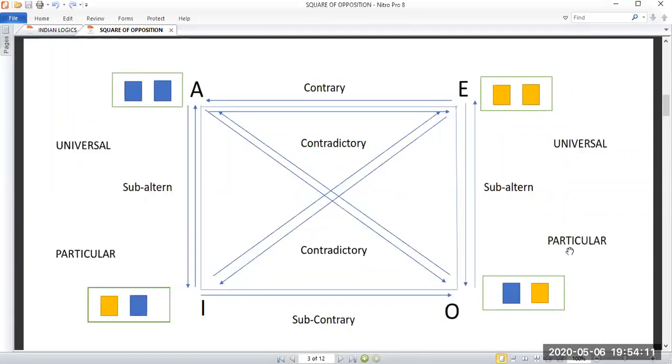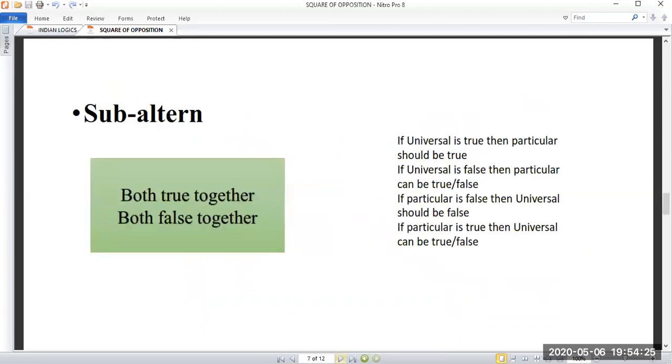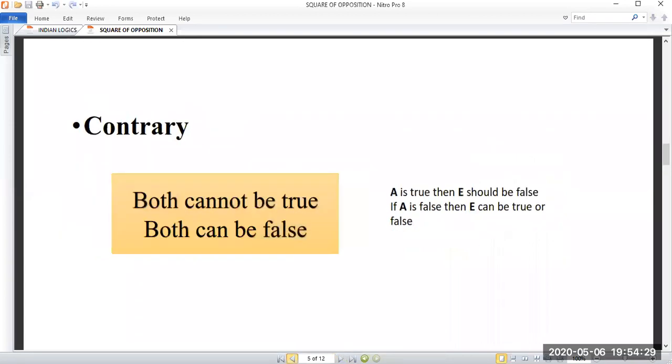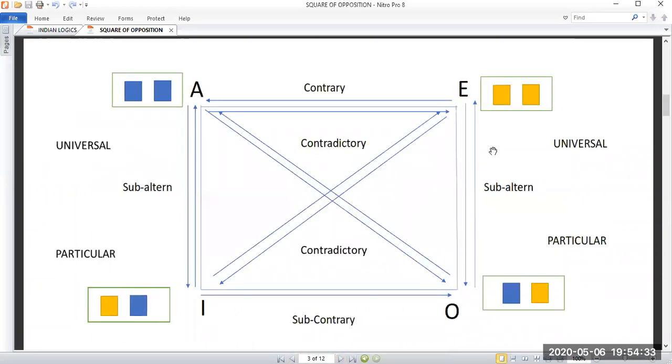So if some are not blue is taken to be false, what will happen? Anybody reply? Some are not blue is taken to be false, what will happen?